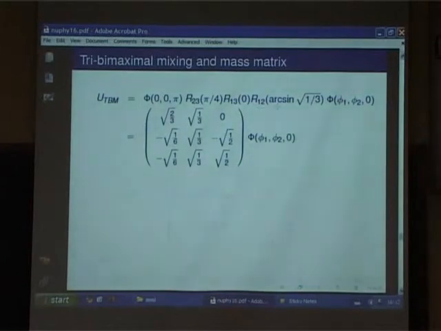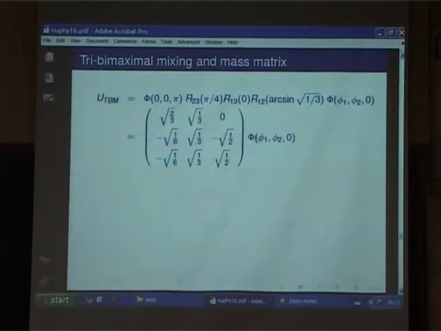My theta 12 is arcsine root 1 by 3, theta 13 is 0, theta 23 is pi by 4. These are the flavor phases. This is just convention. Then I get a nice matrix like this. It has 1 by root 2, 1 by root 6, 1 by root 3. So it's possible that you get some symmetry that explains this.